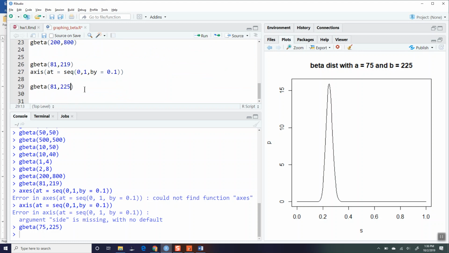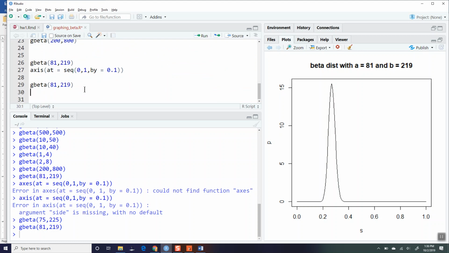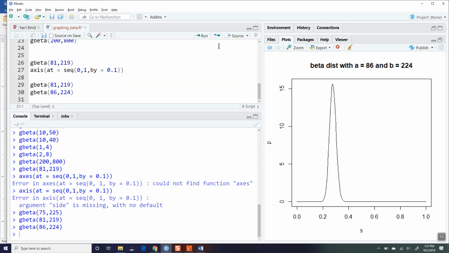Here's 81, 219, and here is 86, 224. If you look, it just shifts it up just a tiny bit.